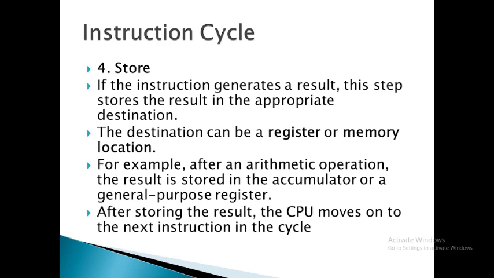The destination may be a register or even a memory location like RAM. For example, after an arithmetic operation, the result may be stored in the accumulator or a general purpose register. After that, the CPU moves on to the next instruction in the cycle.